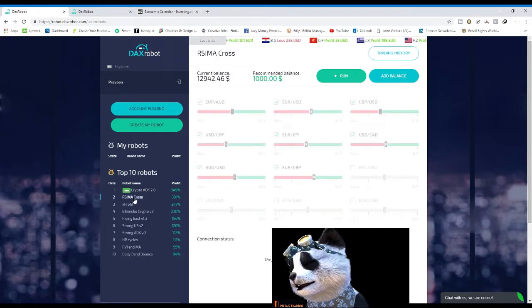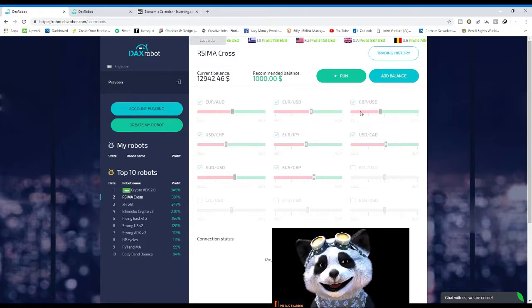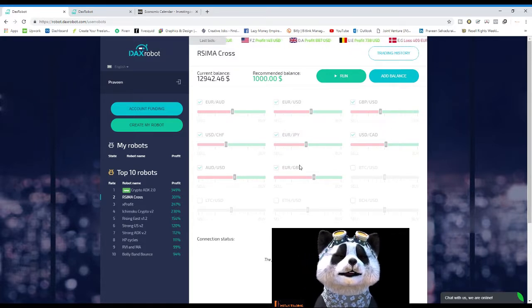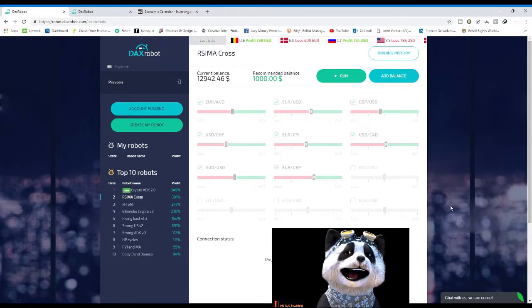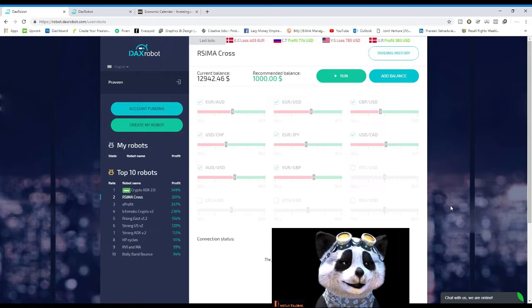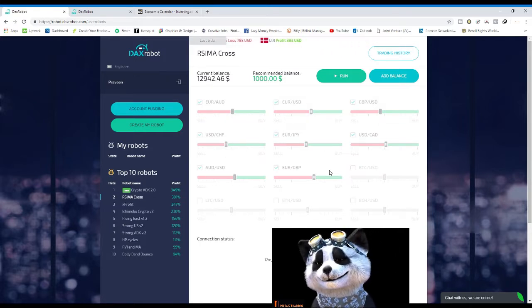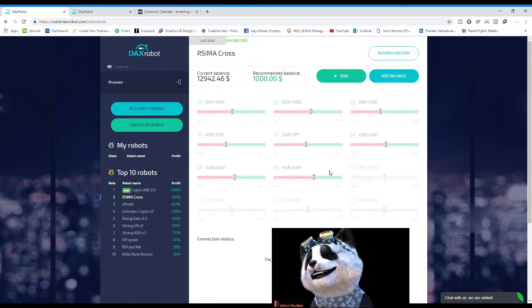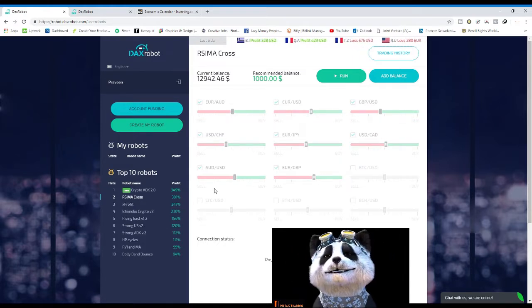And if you choose Risma Cross, it will choose trades from the 8 assets available in the Risma Cross. So it will choose any asset from one of these 8 assets, guys. But in particular you cannot determine the exact assets that you want to trade with, which is considered the biggest drawback of the DAX Robot.